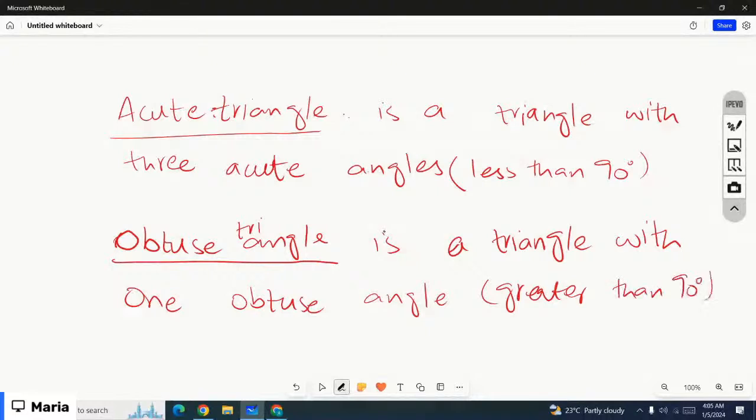Only one angle must be obtuse, right? And the other two are acute angles. One angle is greater than 90 degrees and the other two angles are less than 90 degrees, right?